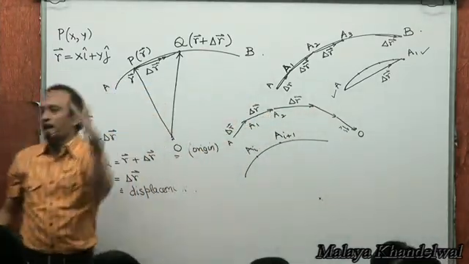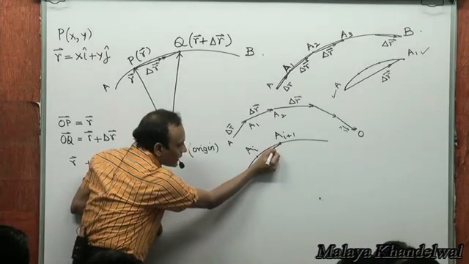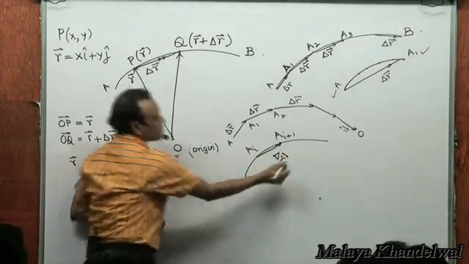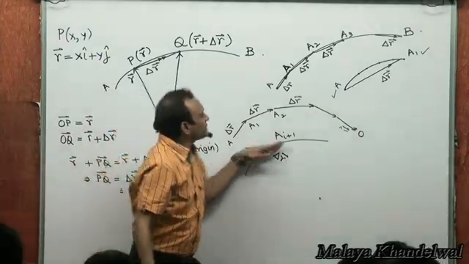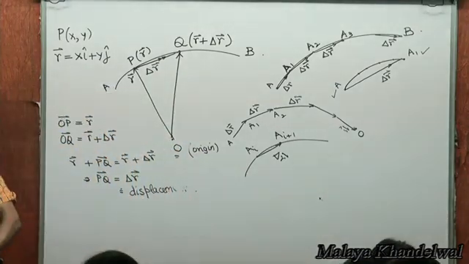Ai and Ai plus 1 are two neighboring points on the curve, right? And this is my delta r. So when I am at Ai, then my delta r takes me to Ai plus 1.